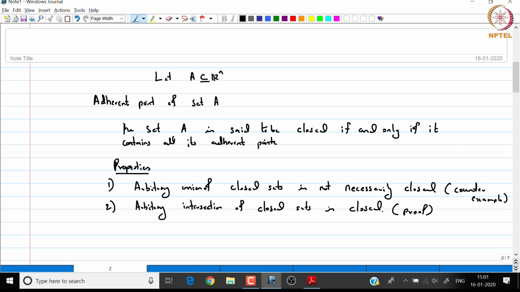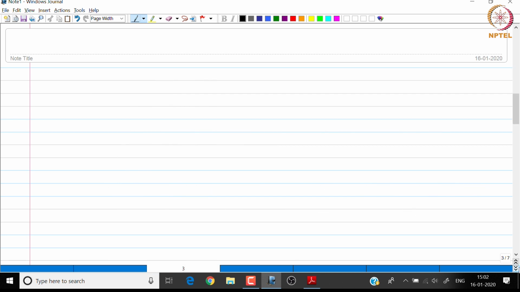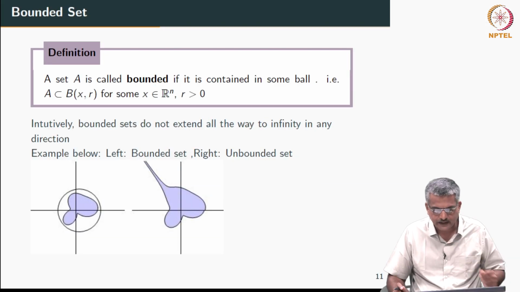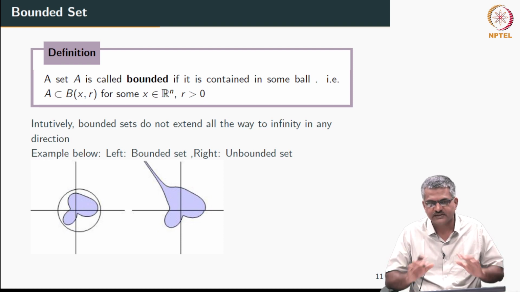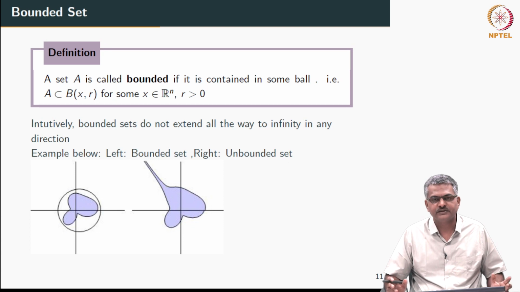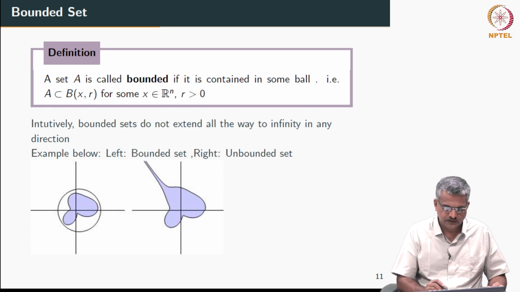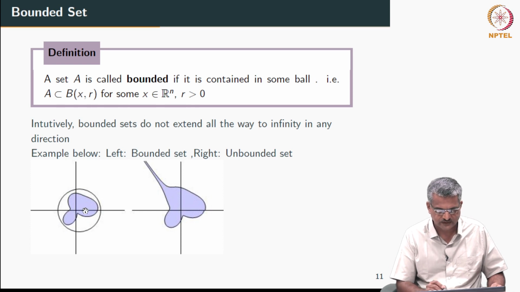So, now once we have defined the notion of open set and closed set, we require what is known as a bounded set. A set A is called bounded if it is contained in some ball with some radius and with some center x. Here you have two examples.